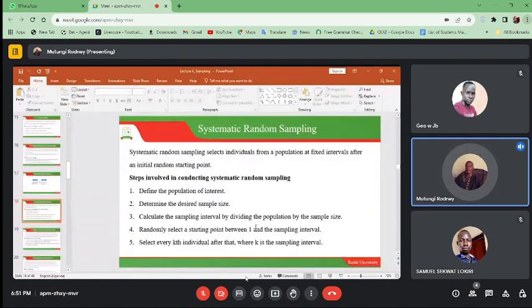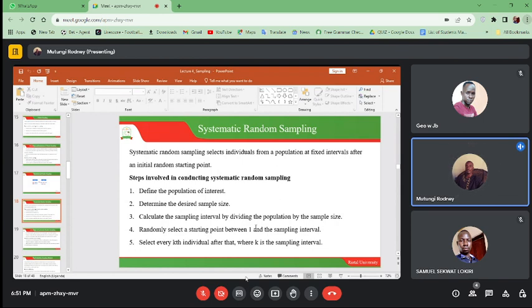Now from number 2, we are going to move 10 steps. So from number 2, we shall now go to 11, okay? So 11 would be our second person to take part in this study. We keep on going until we get 100 people, who we had seen as our desired sample size.